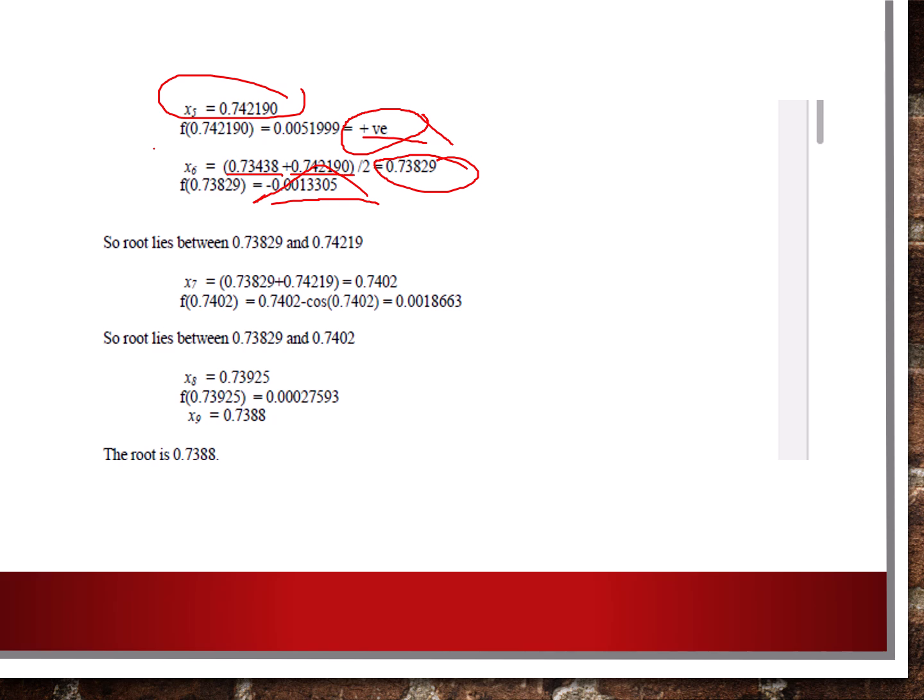Apply to the function, 0.00275593, and therefore x9 equal to, continue the process. x9 equal to 0.7388. The root lies between, 0.7388, the four digits are the same. The final root is 0.7388.